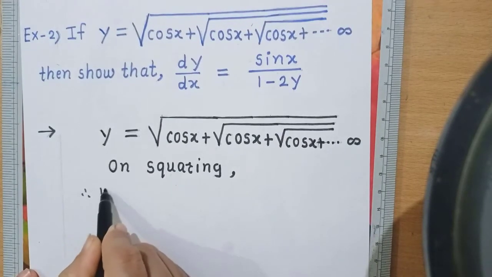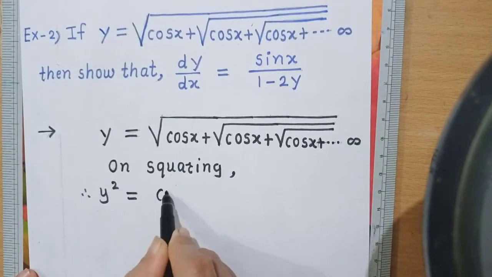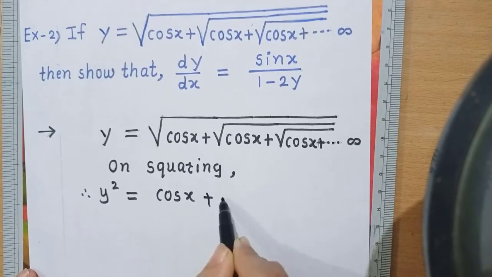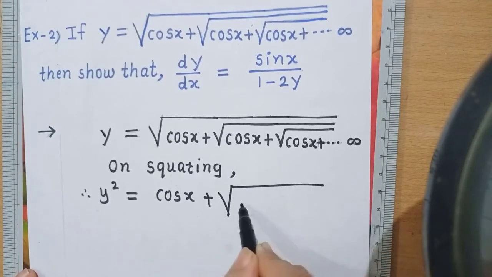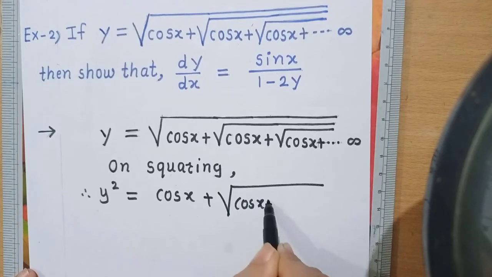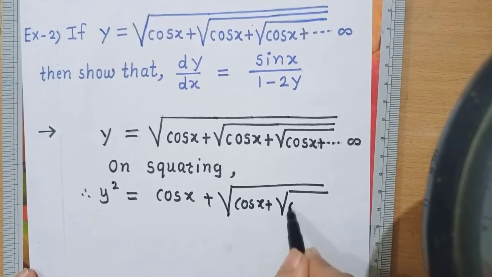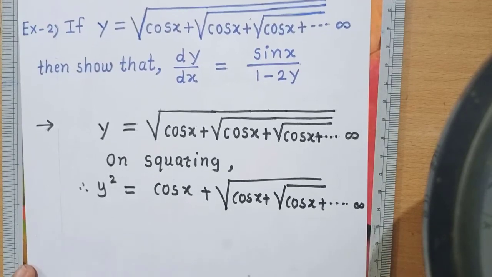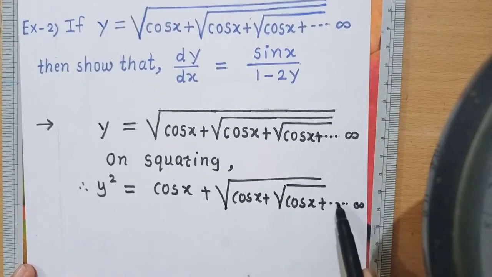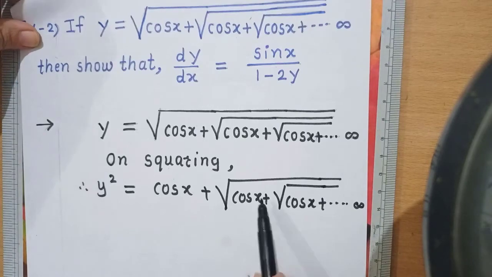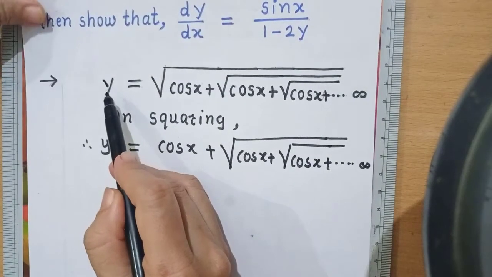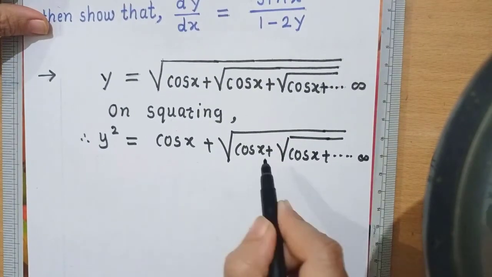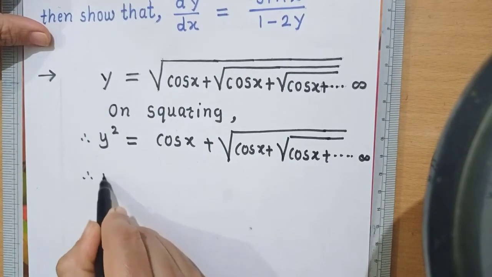Therefore y square is equal to cos of x plus again under root cos of x plus under root cos of x, and this is up to infinity. Now again check, up to infinity means again plus under root cos x term is there up to infinity. So this is nothing but the original function y. So instead of this we are writing y.